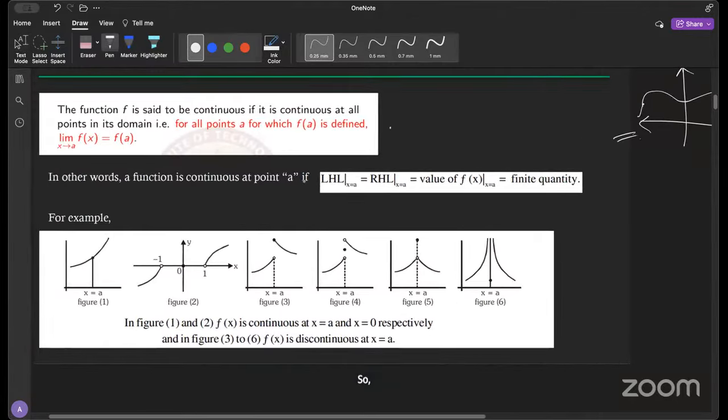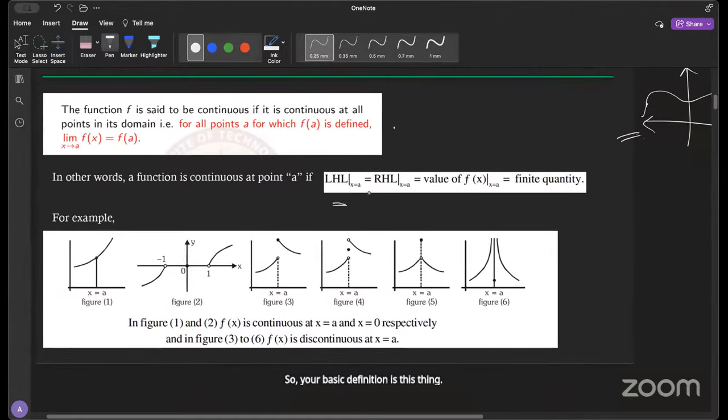So your basic definition is this. The left hand limit at x equals A should be equal to the right hand limit. Till this part, it was the definition of limits, right? And then you add one more thing to it, which is that the value of your function at that point where you're calculating the limit should also be the same as these two limits, and that should be a finite quantity. That's when you say the function is continuous.